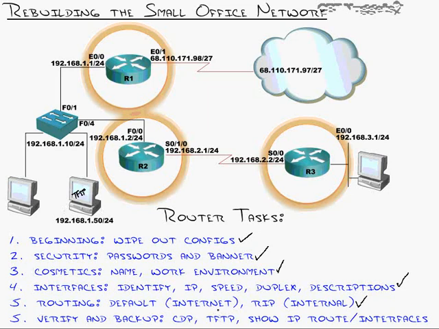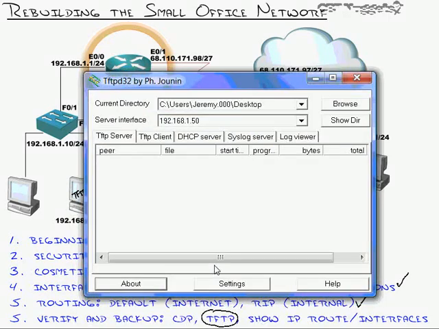Now TFTP, this was something that we didn't do in the initial video. I just backed up my configuration through Notepad because TFTP is useful for backing a bunch of configurations up to a centralized server. First things first, TFTP server of choice, this one right here, TFTPD32 by, I think it's Phil Jonin. Just do a Google search for TFTPD32.